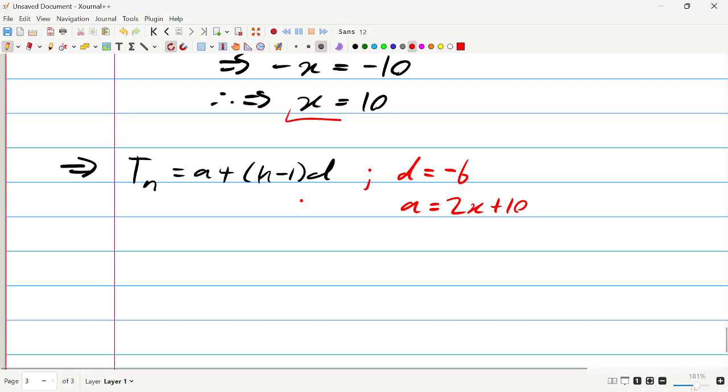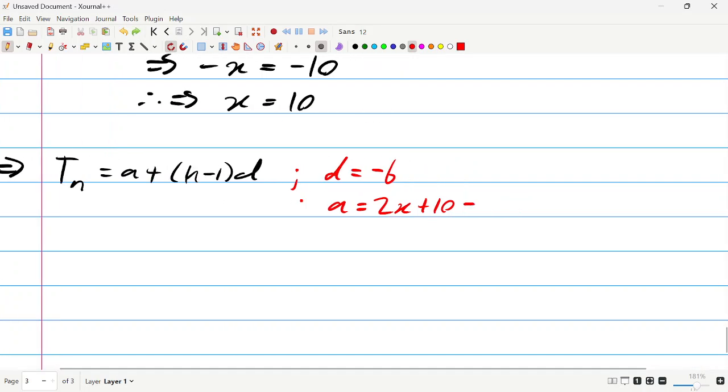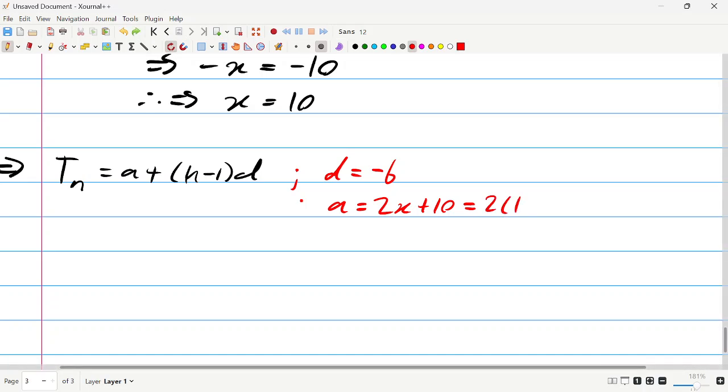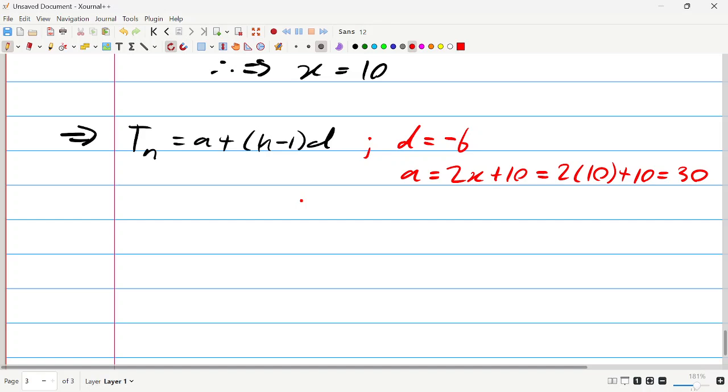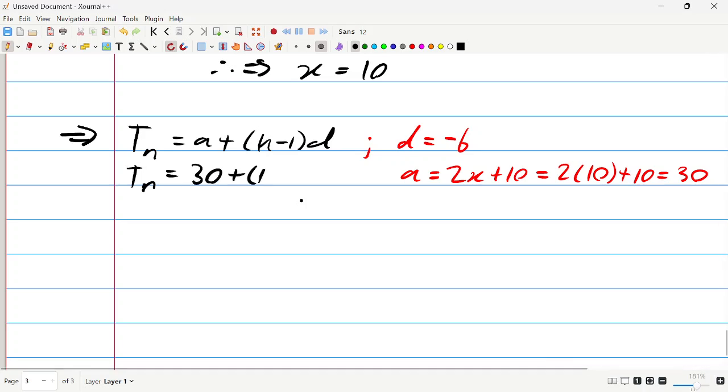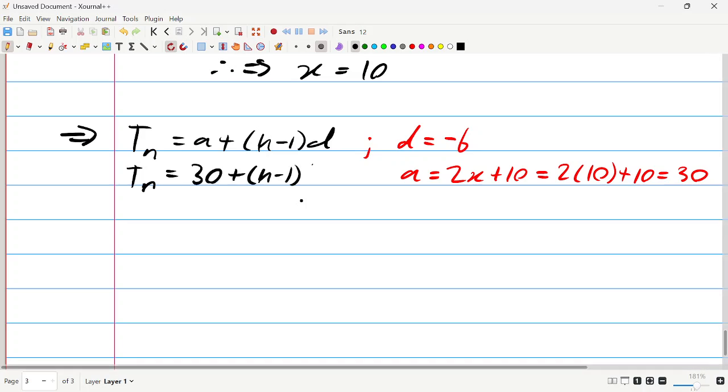But because we know what x is equal to, A is equal to 2 multiplied by x, which is 10, plus 10, which is 20 plus 10, which is 30. So A is equal to 30. So Tn is equal to 30 plus n minus 1 multiplied by negative 6.